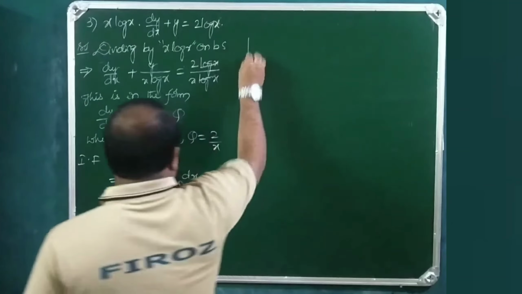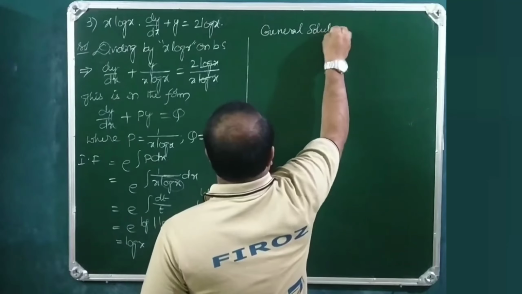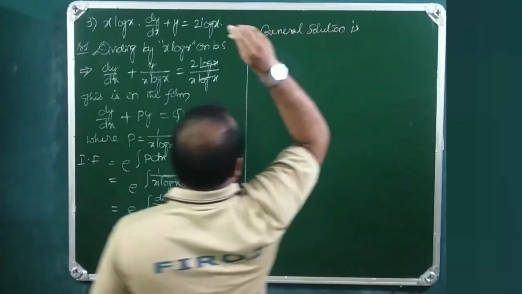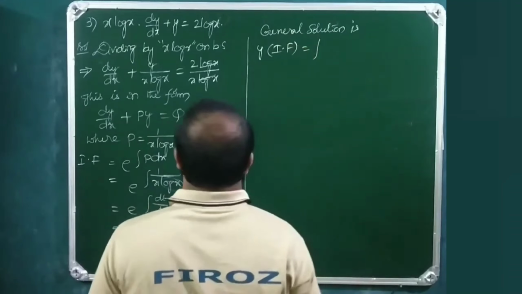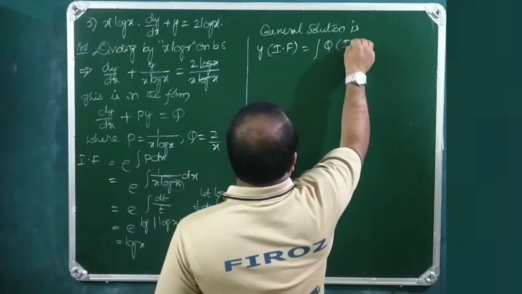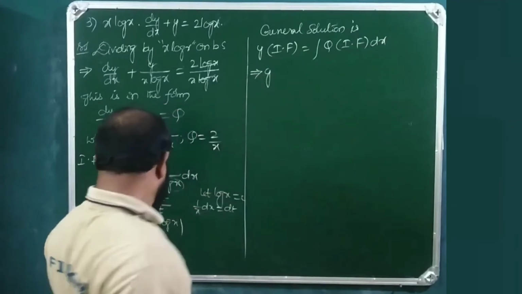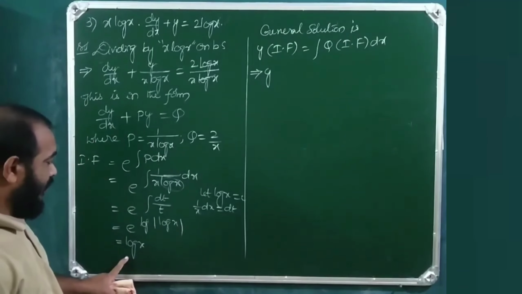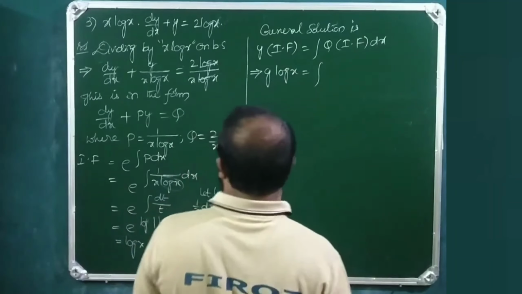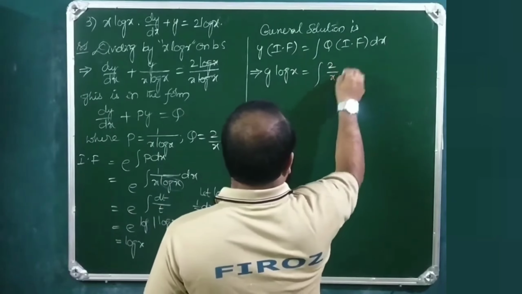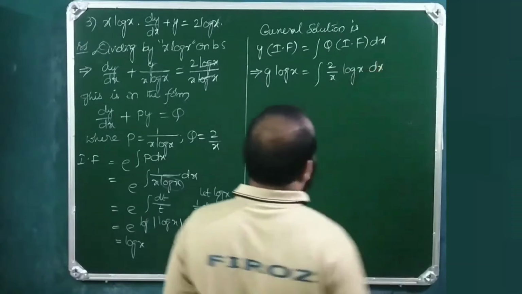So y into integral factor here, log x, equals integral q is 2 by x, integral factor is log x, dx.